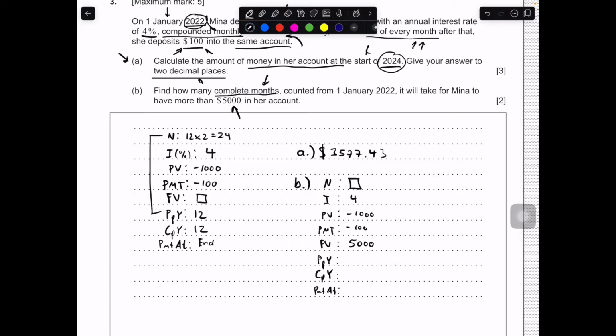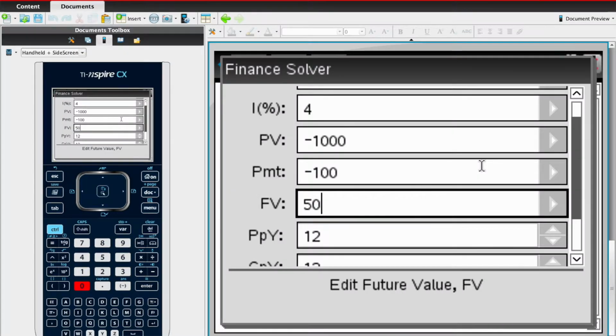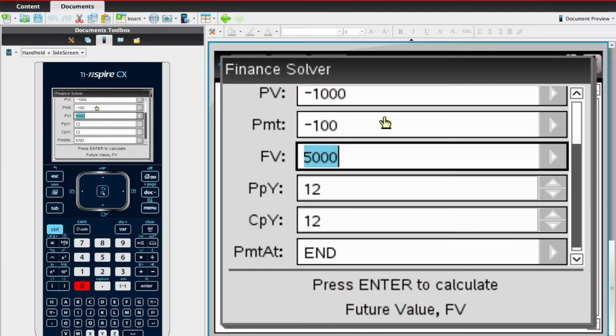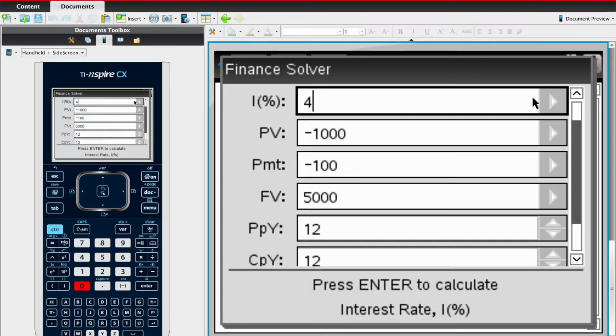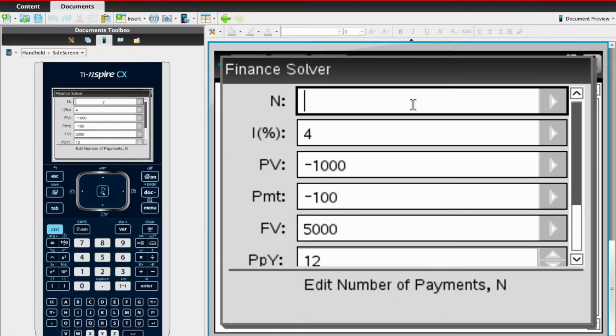Payments per year, she's still making 12 and the bank is still paying 12, and it still all happens at the end. All right, let's go ahead and enter this into the calculator. Here we are. So N, we're going to want to change. 4, -1,000, final value.